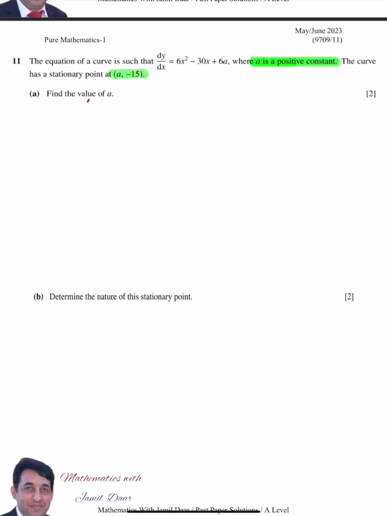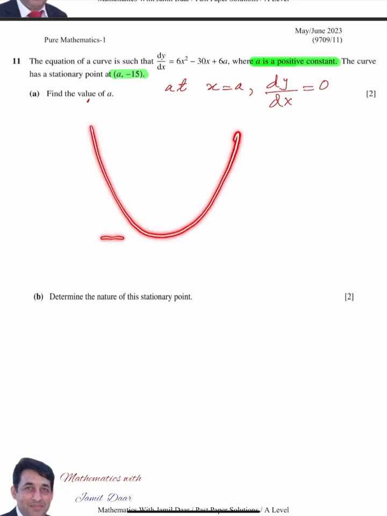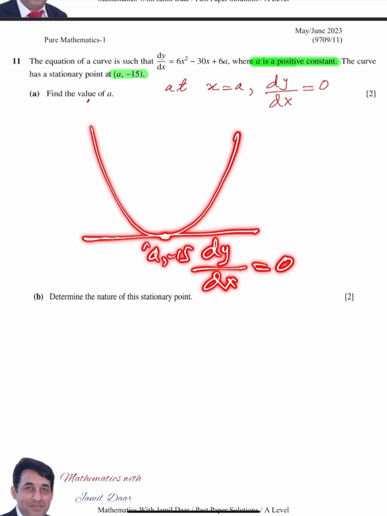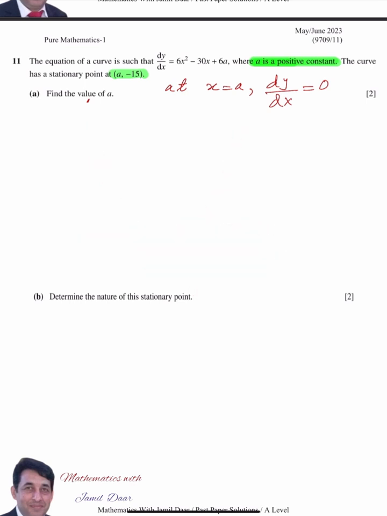So if this is the stationary point, that means at x is equal to a, dy over dx is equal to 0. You know that at a stationary point, the gradient of the tangent dy over dx is equal to 0. So we'll substitute these two values in the equation.